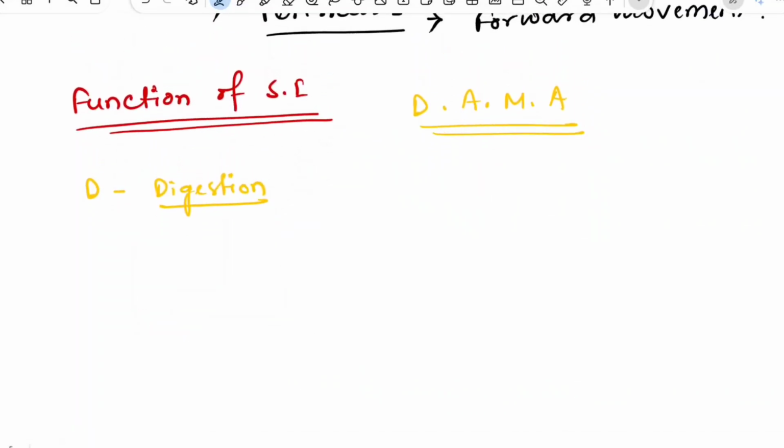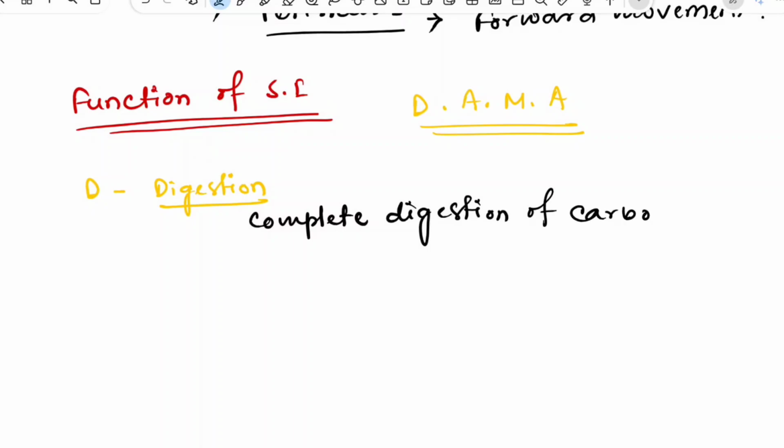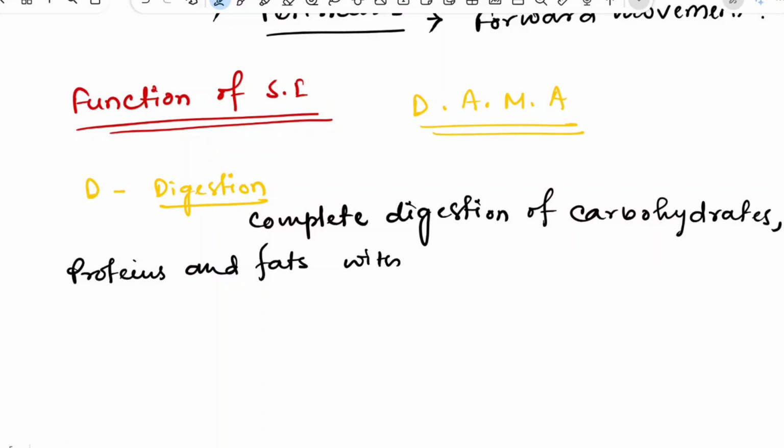So in that we can write complete digestion of carbohydrates, proteins, and fats with the help of intestinal enzymes.